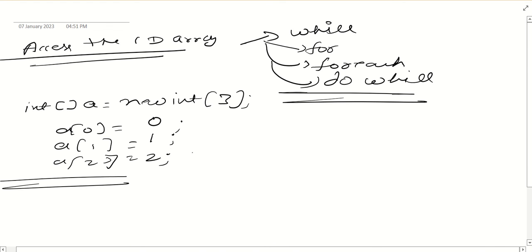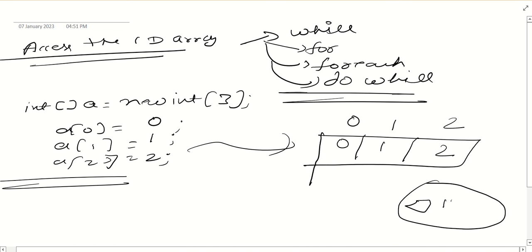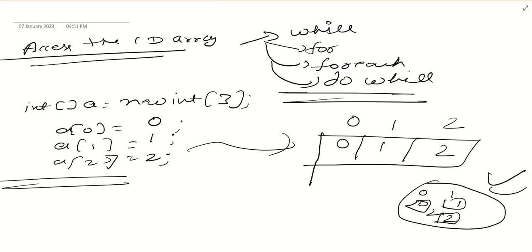What will happen in the memory, how will it look? There will be one array created, and the indexing will be 0, 1, 2, and the elements also will be 0, 1, 2. In the memory there will be some memory allocated for these elements. So this is how an array is stored in memory.